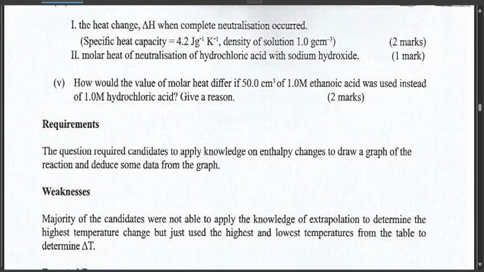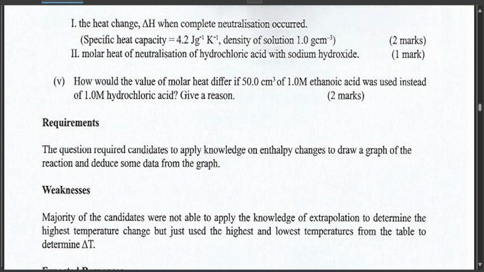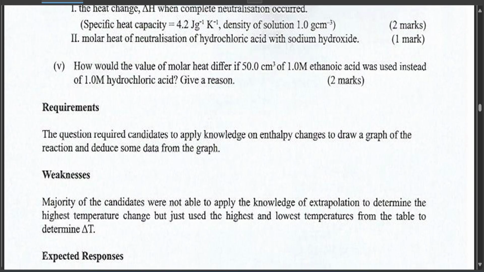So the question required candidates to apply knowledge on enthalpy changes, to draw a graph of the reaction and deduce some data from the graph. Now the weaknesses, obviously, again, is drawing. Students had difficulties in interpreting that graph.